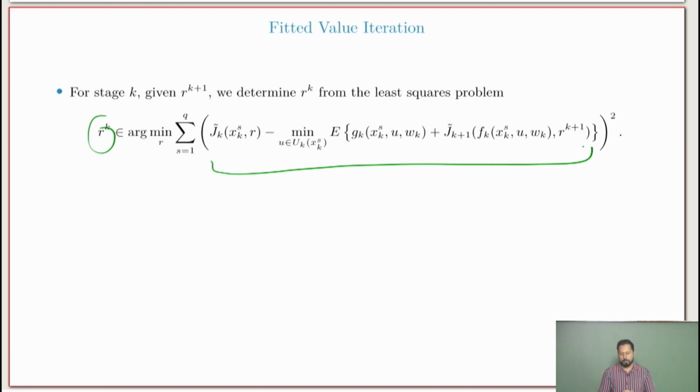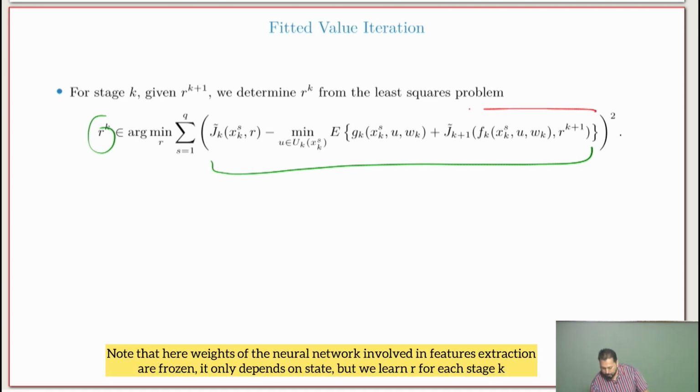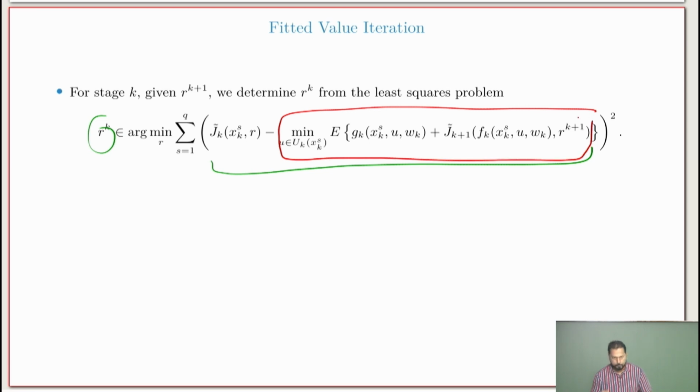This is how we approximate these Rk, where at stage k I have the labels. We know this because we have found k plus 1, since we are going backwards. For k plus 1 the J tilde is learned. So this cost function knows how to predict for k plus 1 onward, because fk applied to xk is working on the state k plus 1; the outcome of this will be k plus 1.